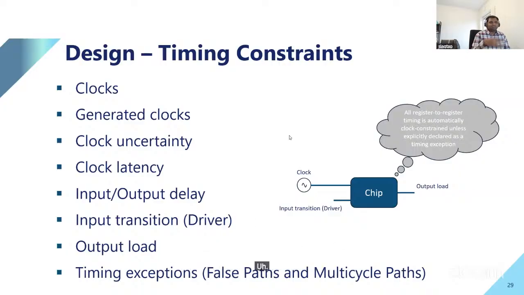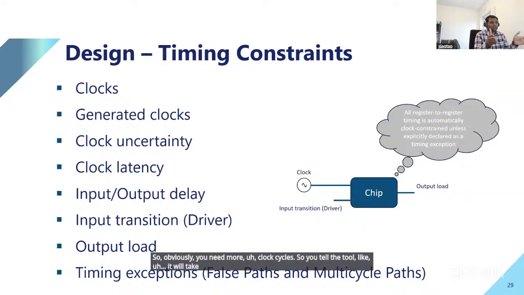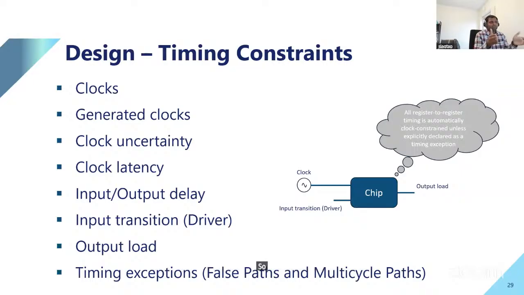For example, if you're accessing memory, memory is relatively slow compared to your clock, so obviously you need more clock cycles. So you tell the tool, it will take 2 clock cycles, so don't perform timing checks on every clock cycle. Perform on every second clock cycle and complain if you see a problem.